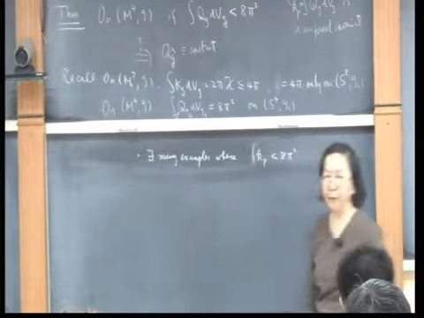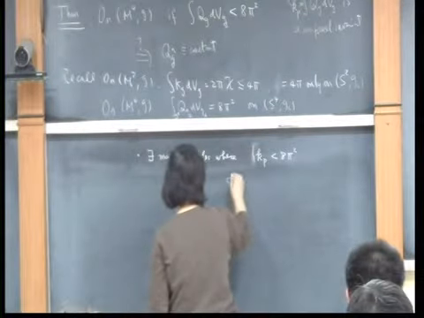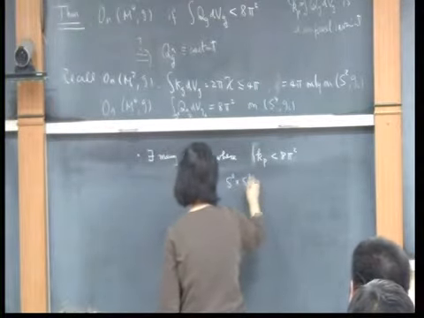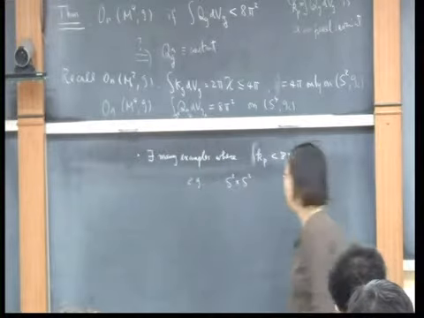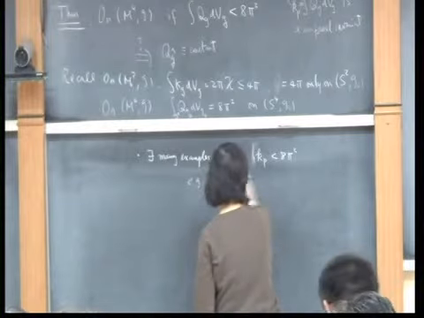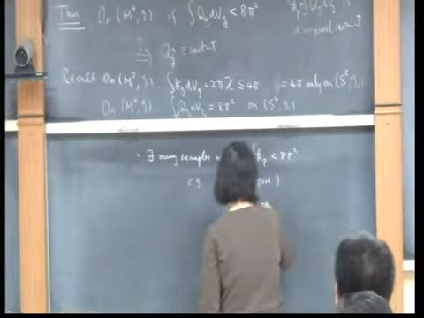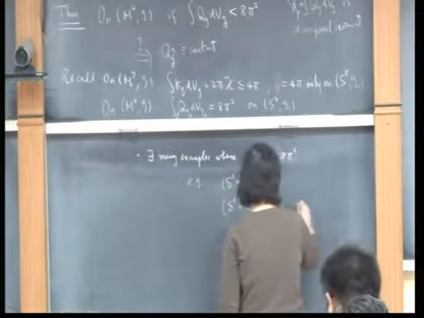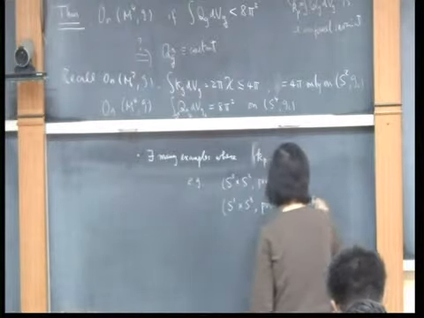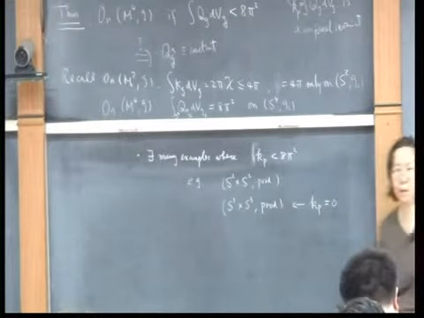So for example, examples like this involve S2 cross S2, and then S1 cross S3. These all are product metrics. In this particular case, Kp, this constant, is equal to 0 on S1 cross S3.